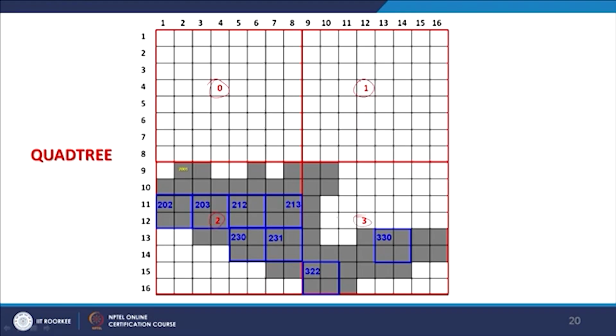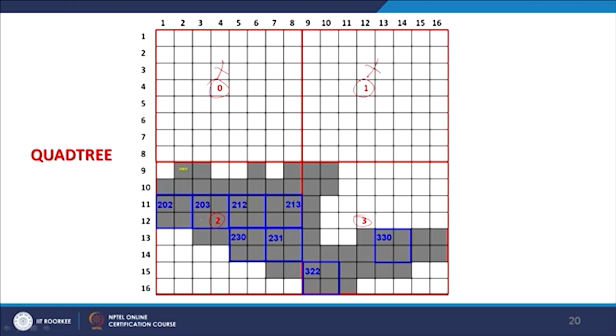Though these are numbers, they are codes. One can argue why not 0, 1, 2, 3, okay, you can do it likewise, it does not matter. So, first divisions are made. Now, no further divisions are required for quadrant 0 and quadrant 1. However, further divisions are required for quadrant 2 and quadrant 3.